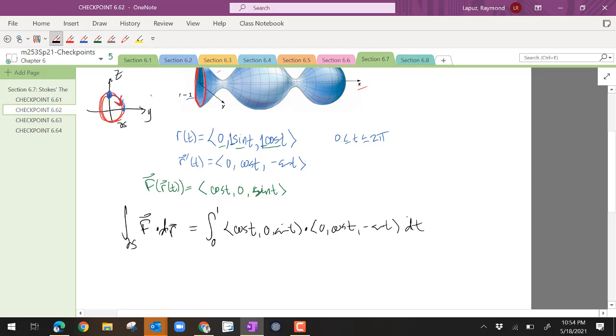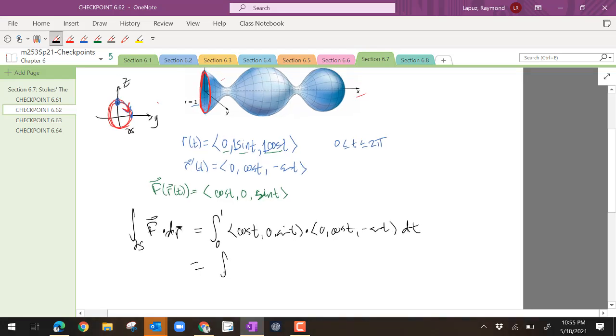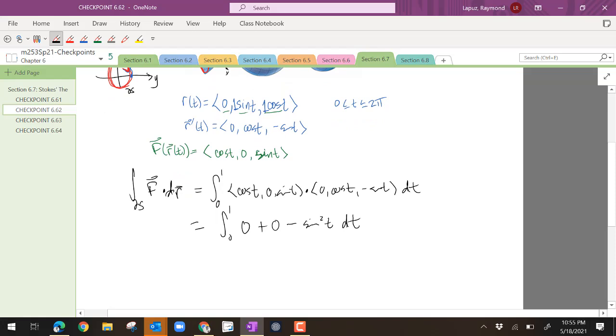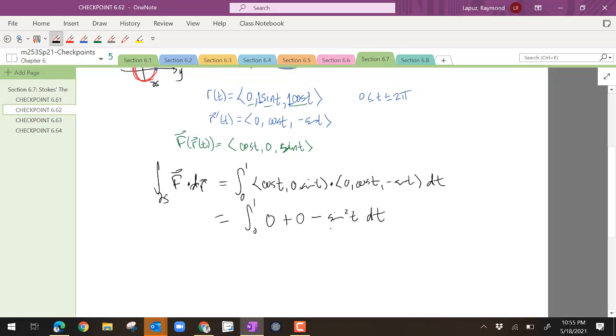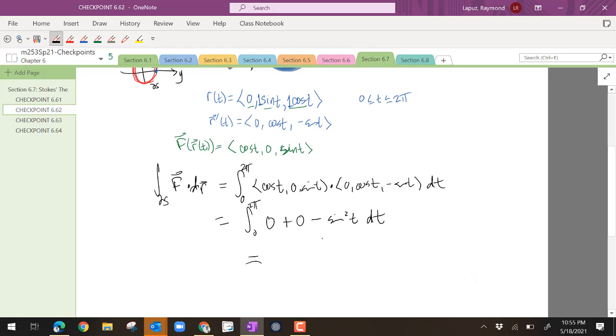So the dot product would be 0 plus 0 minus sine squared t dt. Sine squared t is a trig formula; I think you need a half angle formula, but I just punched it into the calculator. The negative comes out, and the integral of sine squared from 0 to 2 pi ends up being pi.